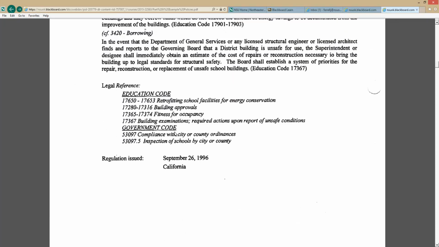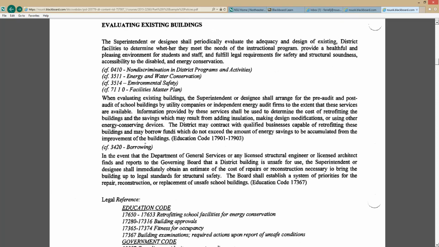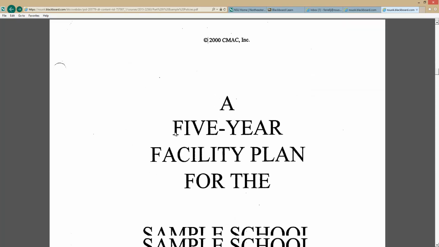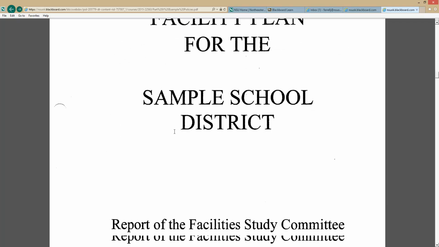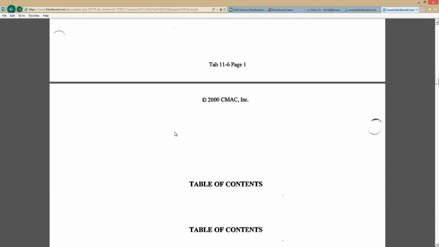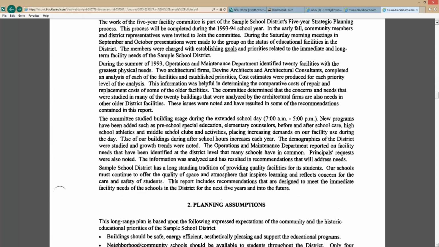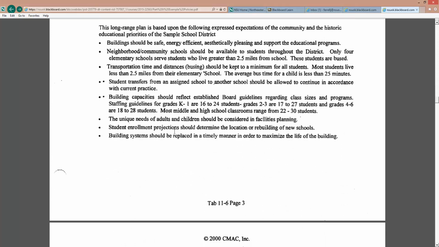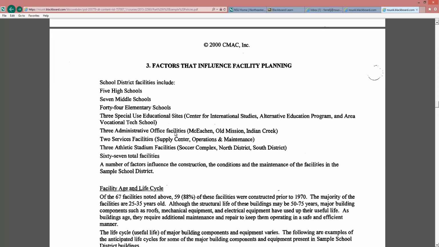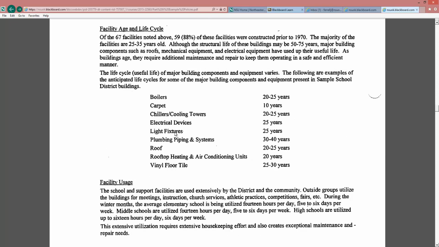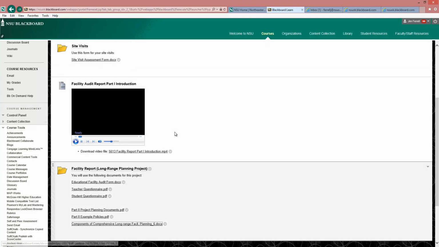And the first 4 pages are board policies dealing with budgets in this imaginary district, and you have a 5-year plan. Okay, so I want you to evaluate this plan based on those 8 criteria. So that's only if your district does not have the long-range planning documents.